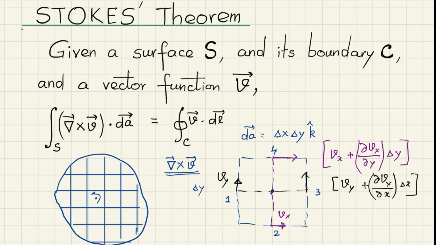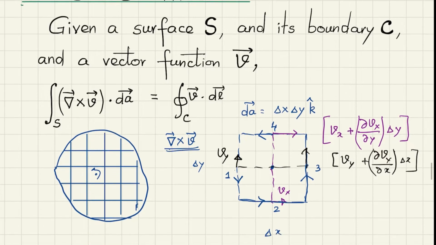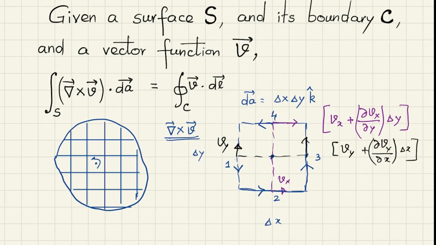So how do I calculate the circulation totally? What I do is go around this boundary and calculate the line integral around it. That gives me the circulation dot dA.